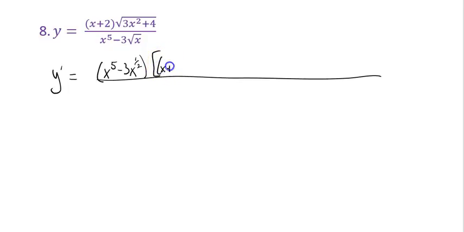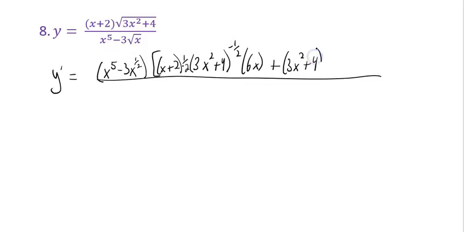So first derivative of the second plus, because I'm in the product rule right now, the second times the derivative of the first, which in this case is just 1.